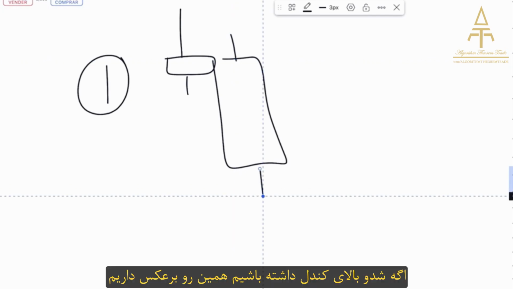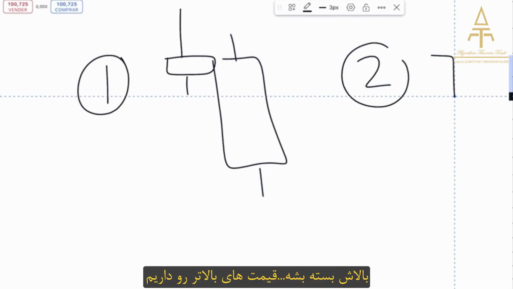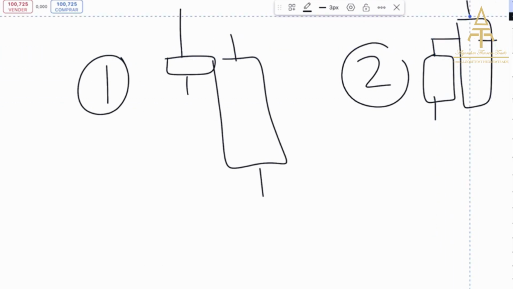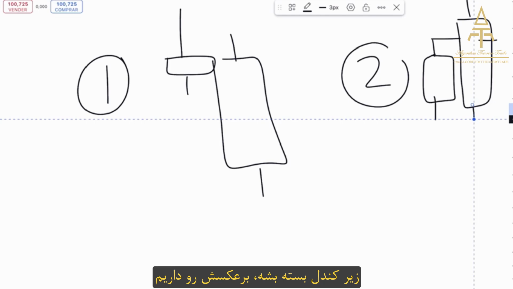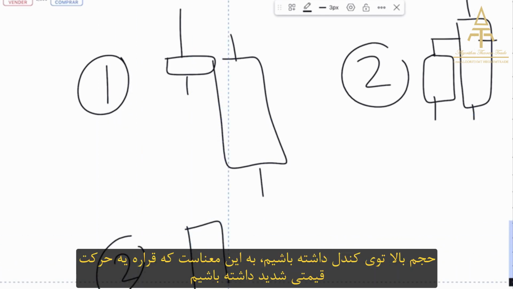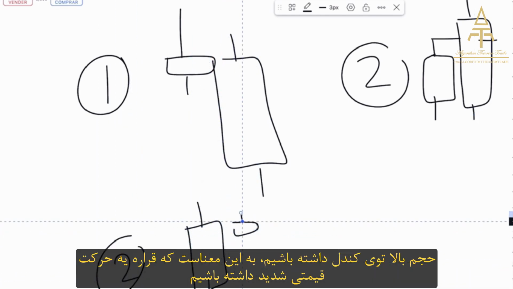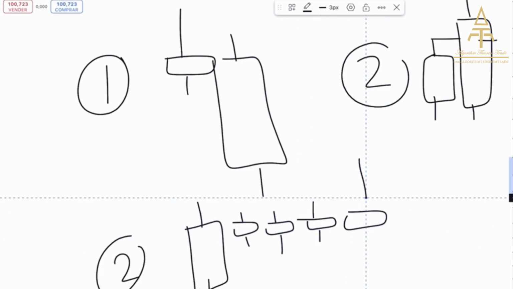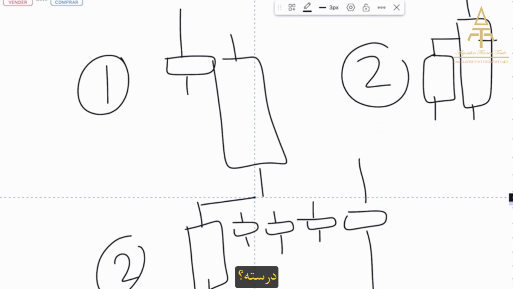Wick below, vice versa. Close above, higher prices. Close below, vice versa. Volatility inside a candle means there's a violent price move coming.